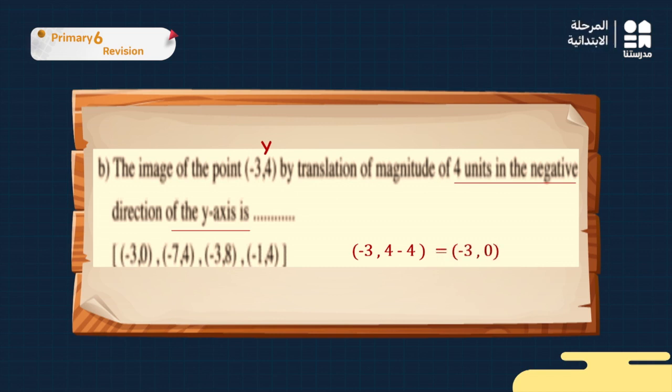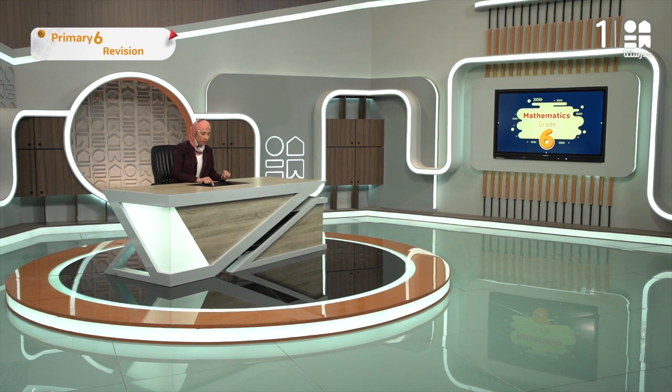Why minus 4? Because I moved negative 4 in the y-axis. So 4 minus 4 gives me 0. So my right choice is supposed to be negative 3 and 0.